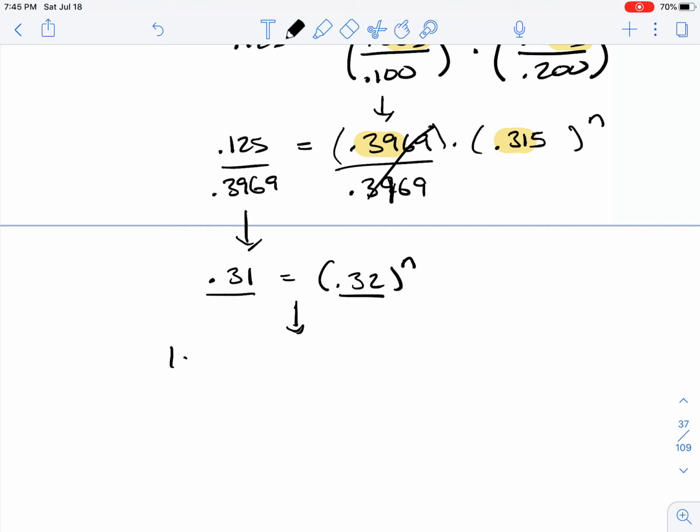And so let's take the log of both sides. So 0.31, log of, so I'm going to move the n over, so it's n times the log of 0.32. So I'm just going to skip a few steps there. And so I'm going to divide both sides by log of 0.32.